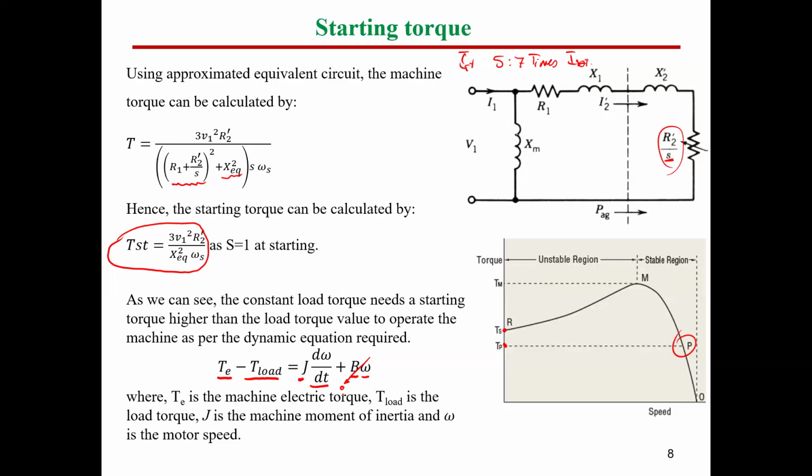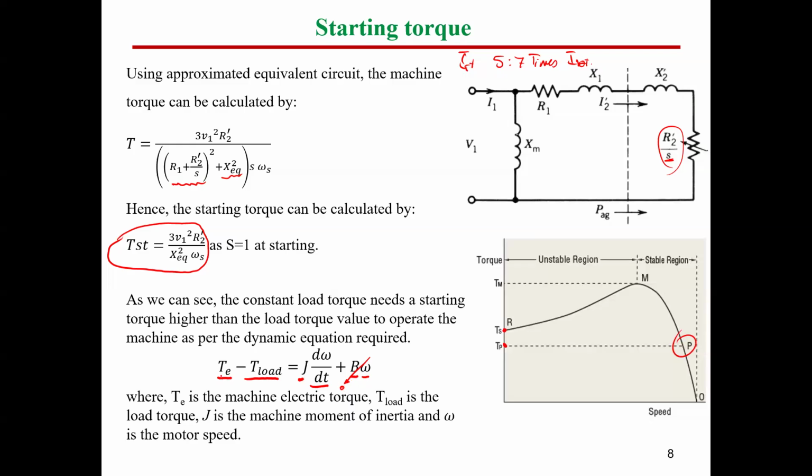Friction means you have a motor, this motor is working, and the shaft of the motor itself is rotating and has some friction with the bearings. But if the motor is not working, it's still at standstill, it's not started yet, so there is no friction. So we can remove this part of the equation at starting.